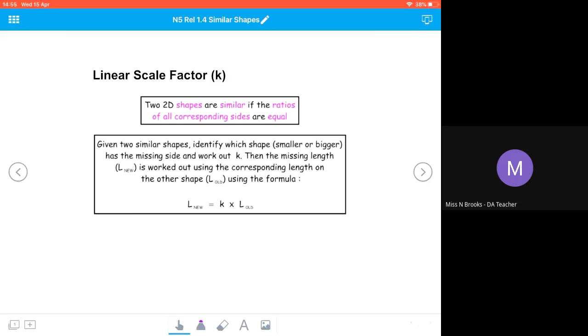So given 2 similar shapes, we can identify which shape, the smaller or the bigger, has the missing side and work out K, and then the missing length, L new, is worked out using the corresponding length on the other shape, L old, using the formula L new equals K, the scale factor, times L old.